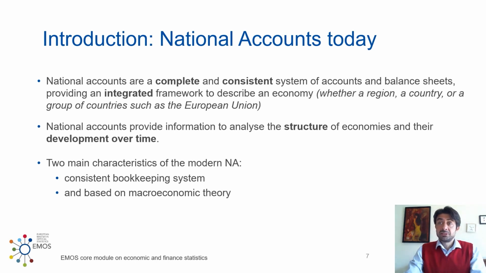The system is such that all the different parts have to match with each other. And the second key element of national accounts is that it is based on macroeconomic theory. So the system is strictly intertwined with the economic theory that has been developed over time.